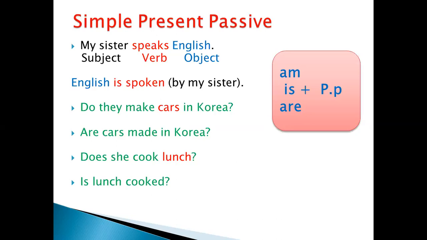Or you don't know who did the action. Or sometimes we use the passive if the object is the most important part of the sentence. This is the difference between the active sentence and the passive sentence. In brief, an active sentence has subject, verb, object. In a passive sentence, there is no need for me to know who does the verb.